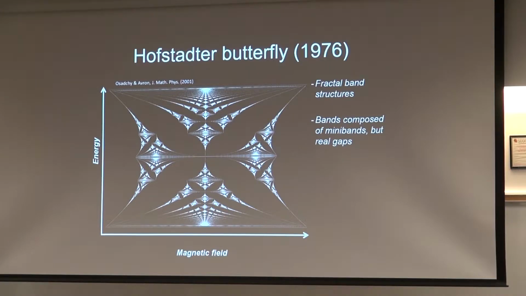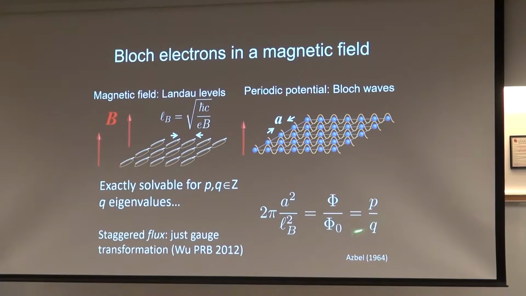It doesn't matter. I don't think that affects the answer. But basically, what you really have are Q bands, right, for a given rational value of the flux, and then within each band you have a sort of distinct set.